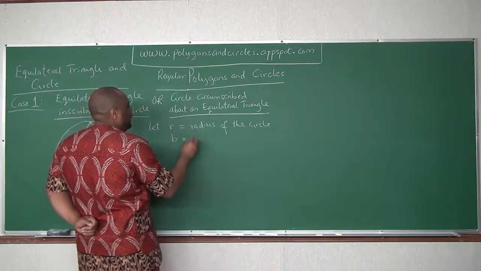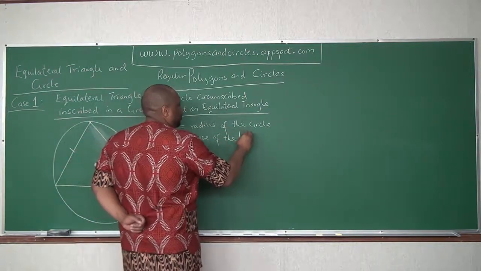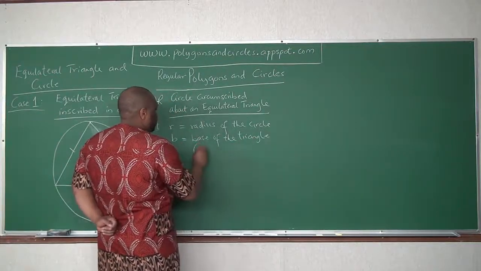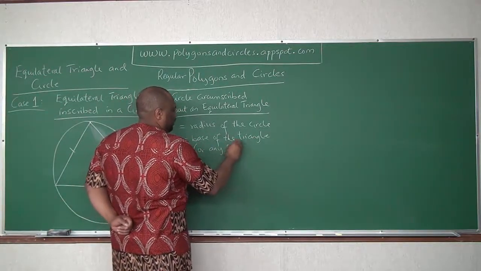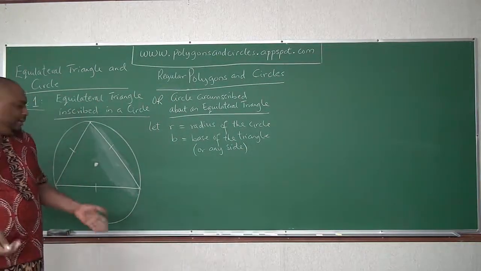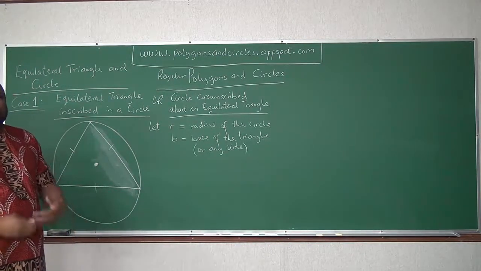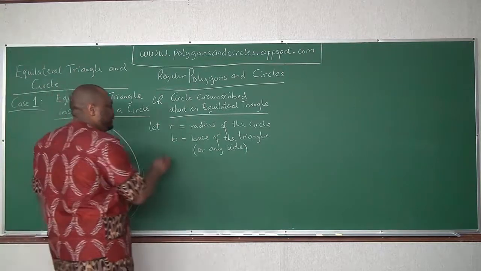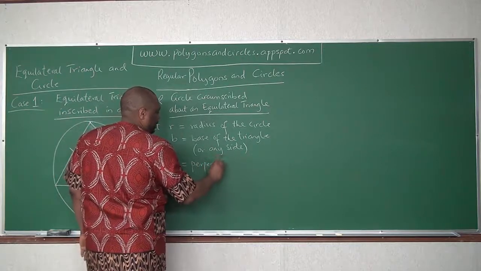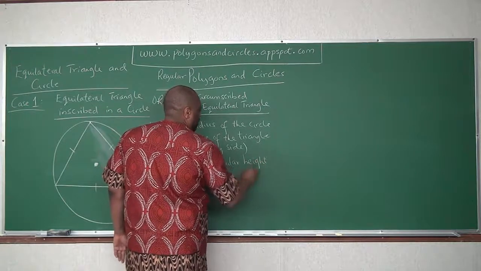B, let's call it the base of the triangle, which means any side, because it is an equilateral triangle, so it doesn't matter. It's the base of the triangle or any side. If we see H, let's call it the perpendicular height of the triangle.